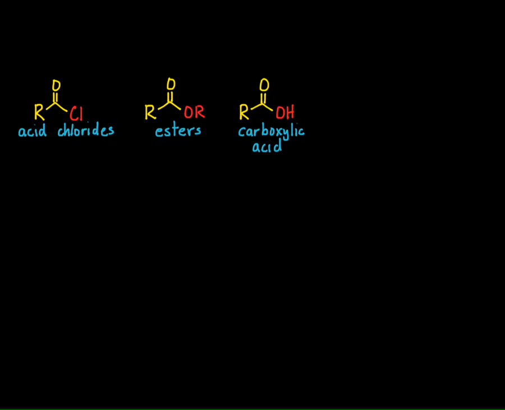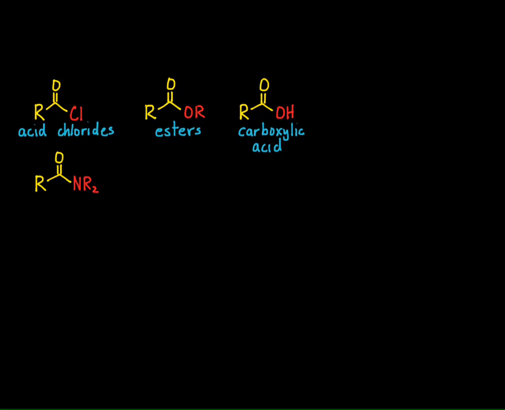So the acyl compounds, or the derivatives, that we're going to be focusing on are acid chlorides, where the leaving group is chloride, esters, where the leaving group is an OR, so an alkoxide. We can even think of carboxylic acids as acyl derivatives, where the leaving group would be an OH.